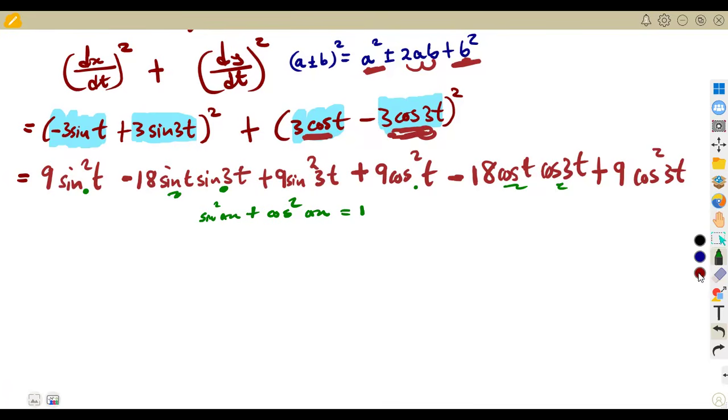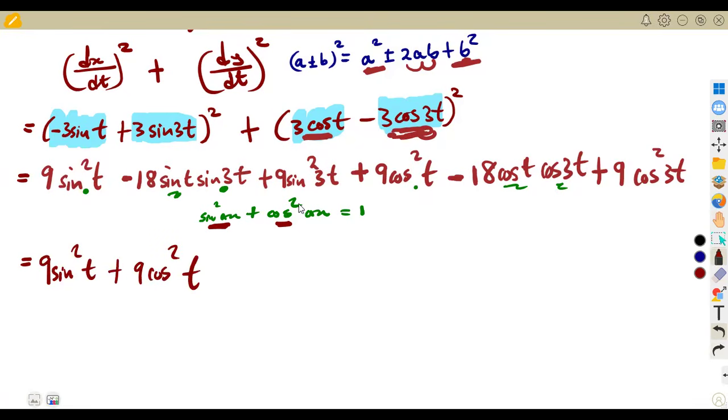All right, let us start with this. In order for us to achieve a sine squared plus cos squared, we have to take this sine squared together with a cos squared. They must be the same. If this is 3, this must also be a 3. But this is just t, so they must be taken together. So we've got 9 sine squared t plus 9 cos squared t.